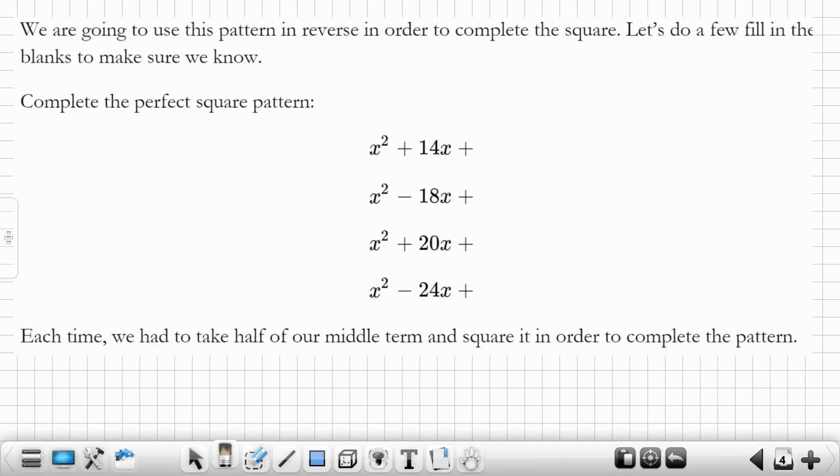Indigo, what do we got? 49. And I want you guys to pause and think about it, especially those of you who are talking, like Wyatt and Tyrell. Help each other out really quick. I want you guys to try to figure out where those numbers came from.